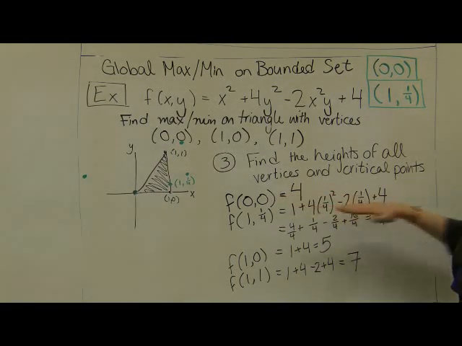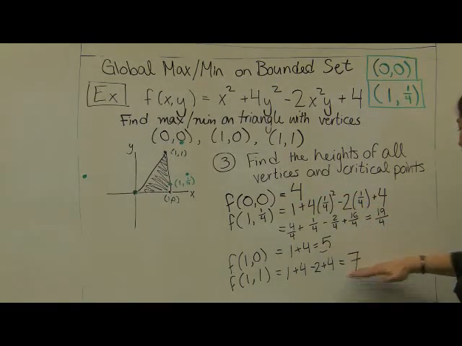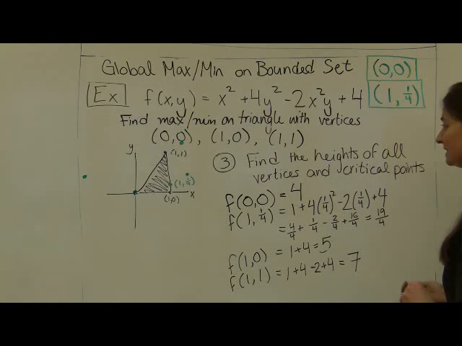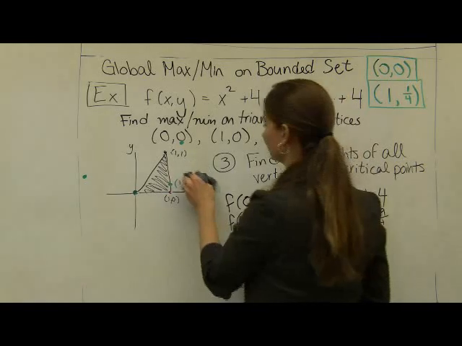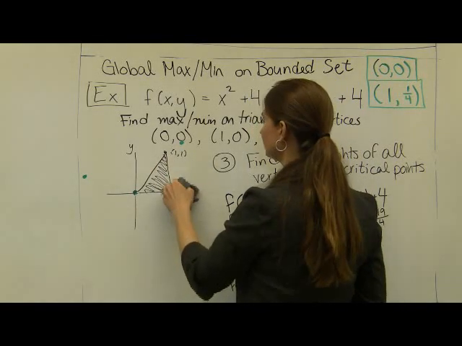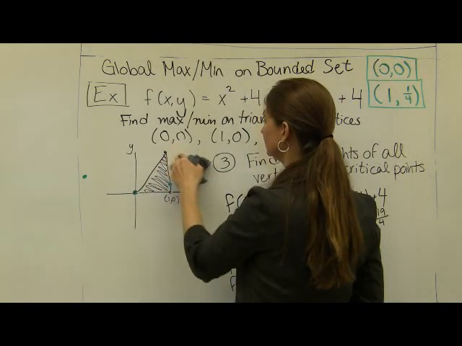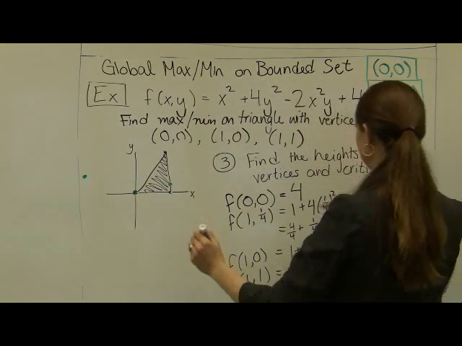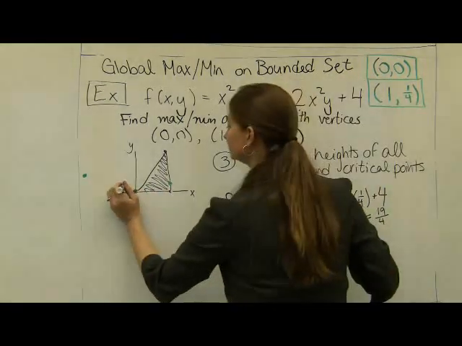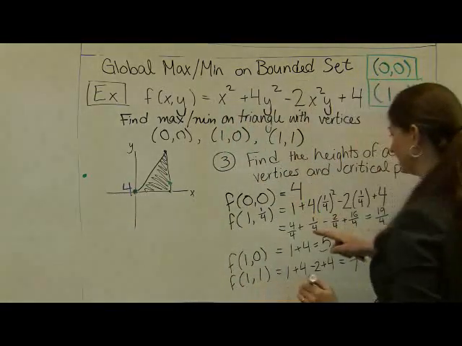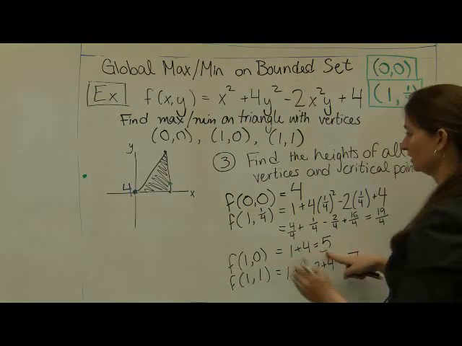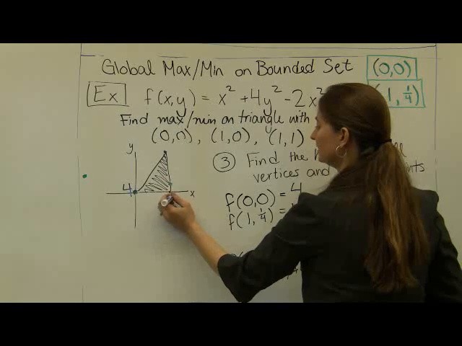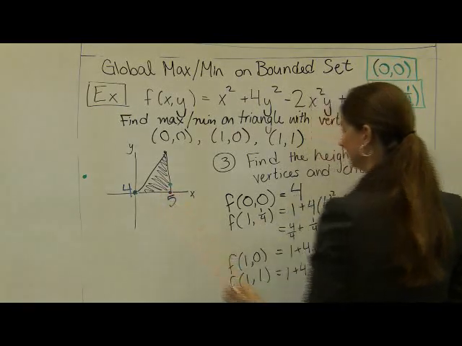So we just found out the heights at each of these crazy places. And I'm going to label these heights in blue. Here, I have a blue marker. So looking at our triangle, we just found that our height down here at 0, 0 is 4 high. We found that our height down at our next corner, 1, 0, right here, it's 5 high.